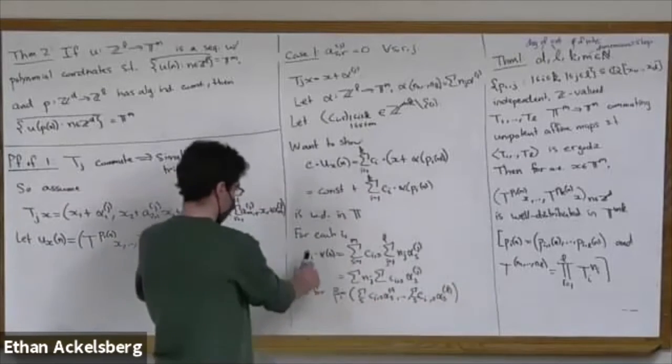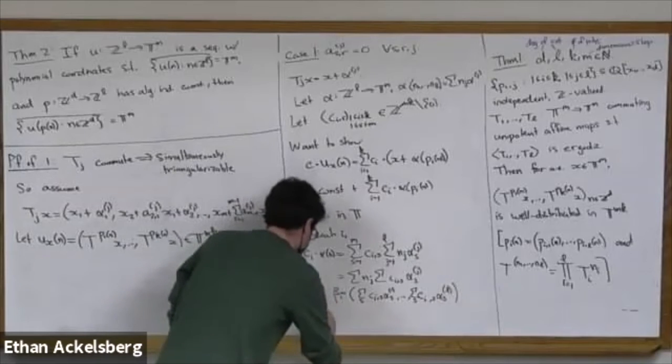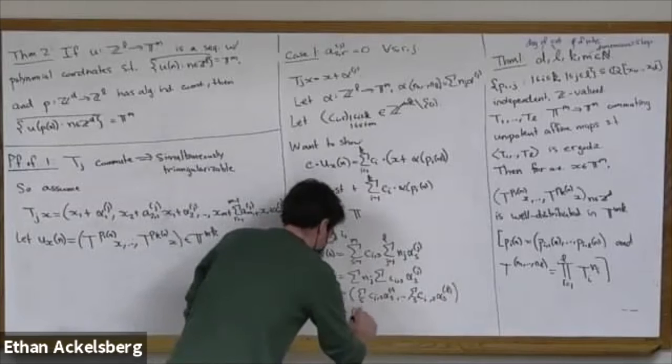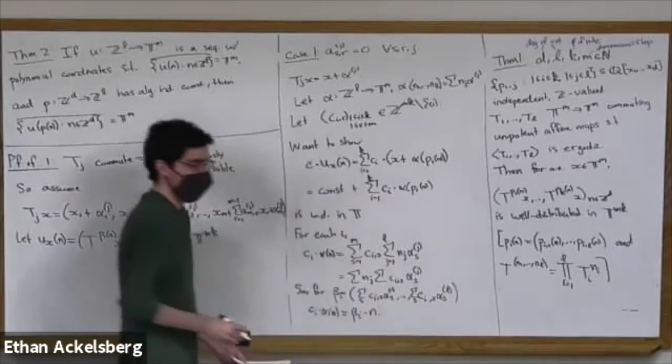Then this dot product that we wrote, c_i dot alpha of n, is the same as beta_i dotted with n.